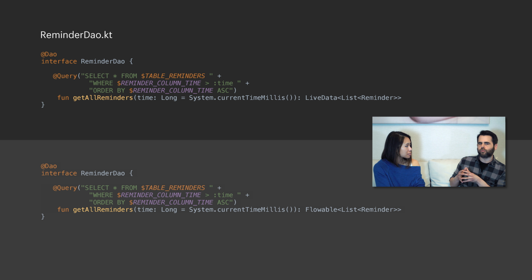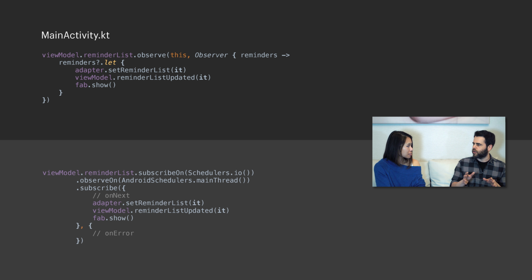If your Room query returns a LiveData or RxJava return type, then when the backing data in the database is updated, and you are subscribed to a LiveData, that data automatically gets pushed to the LiveData object. So it essentially goes from database to UI, without you really having to do anything else at all.